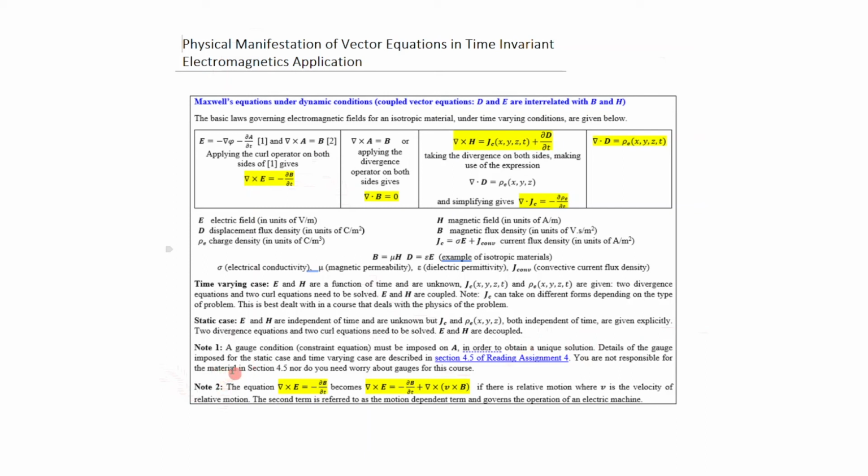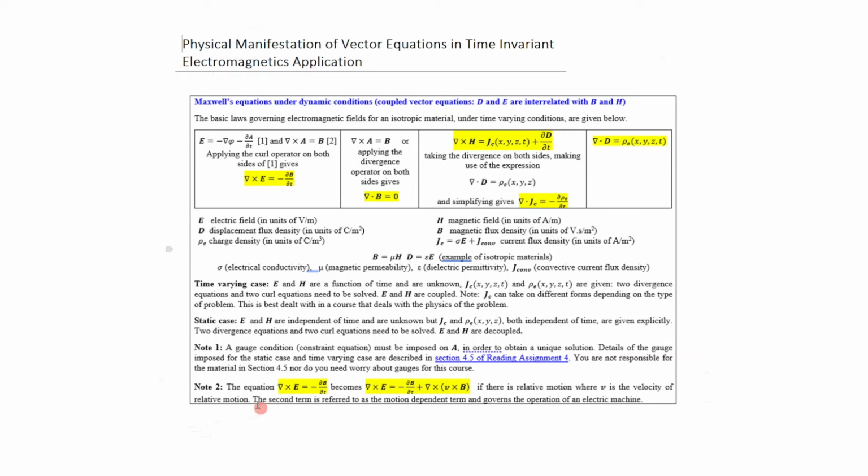The details of the gauge imposed for the static case and time-varying case are described in section 4.5 of reading assignment 4. You're not responsible for any of this material in section 4.5, nor do you need to worry about gauges for this course. I just mention it here because it gives you some insight as to how involved this gets when you look at real physical problems.